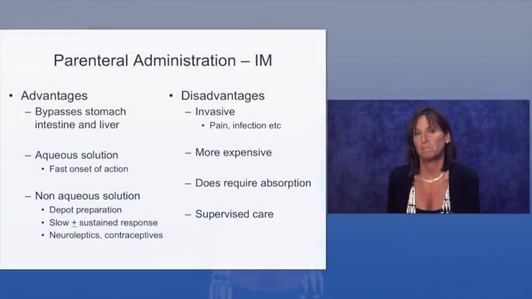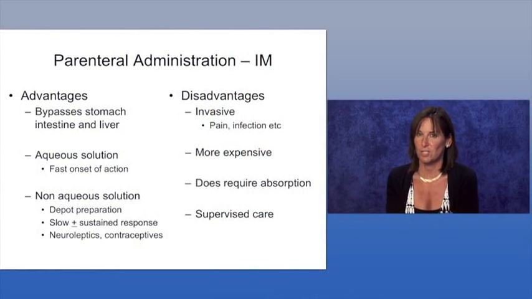And this is now referred to as a depot preparation. We also use this commonly in psychiatry when we use drugs for the management of long-term conditions such as schizophrenia, where a class of medications called neuroleptics are used. We give those as depot preparations.